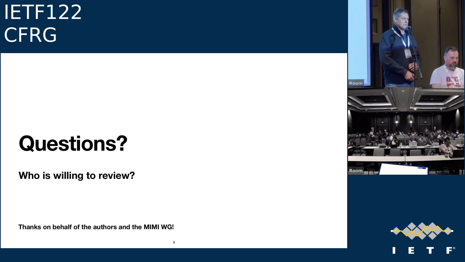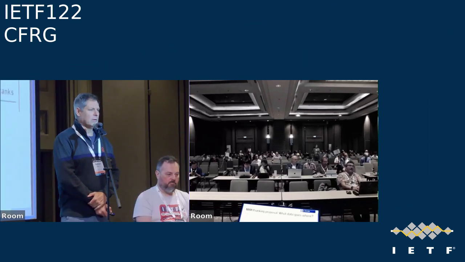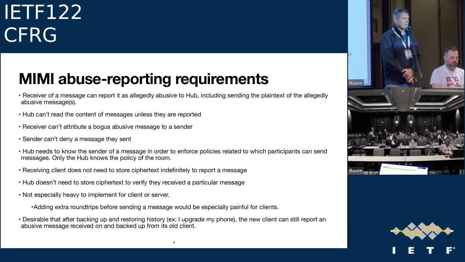Felix, you had a question. Yeah, I'm curious about the requirement around reporting that you shouldn't be able to accuse someone of a message they didn't send. Sorry, could you say that again slower? Yeah, the requirement, receiver can't attribute a bogus abusive message to a sender. There are protocols like Signal, which were designed to be deniable, right? So it seems like what real use case is that solving?